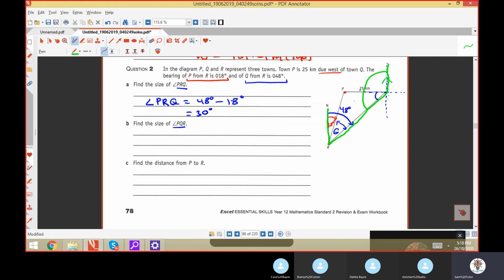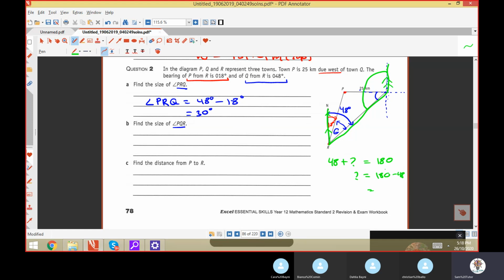Can you see that? So that's 48 plus some unknown angle equals 180. Unknown angle equals 180 subtract 48. What is that mysterious value? It's 132. Now, you think it's over?